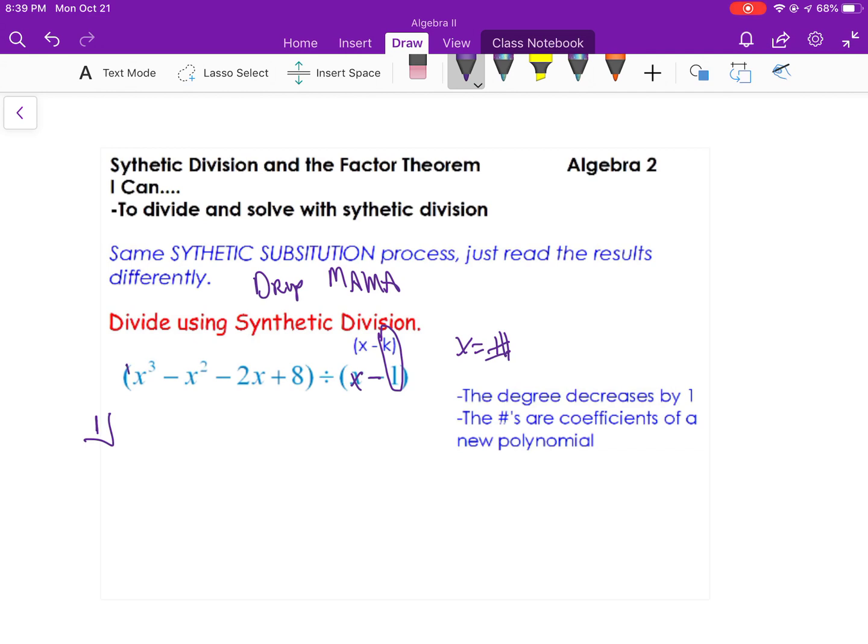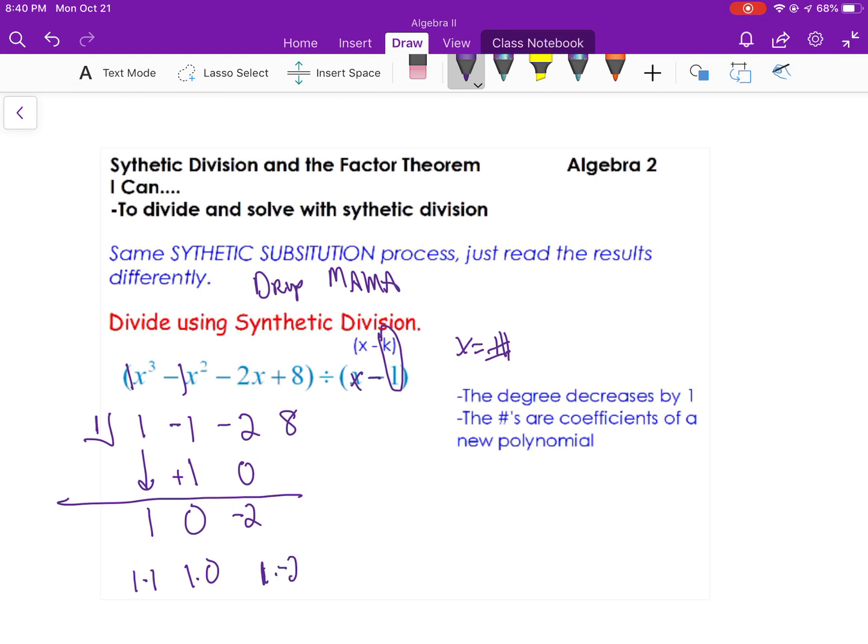I've got my coefficients that I need to make sure I list out. Of course, it's got to be in standard form first. And from there, I'm going to drop the first one, and then multiply and add, multiply, add, multiply, add.